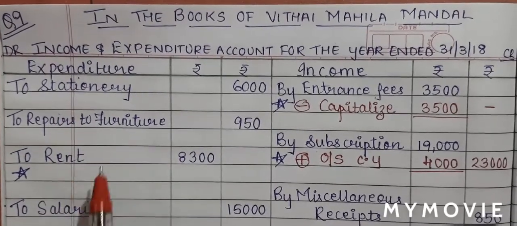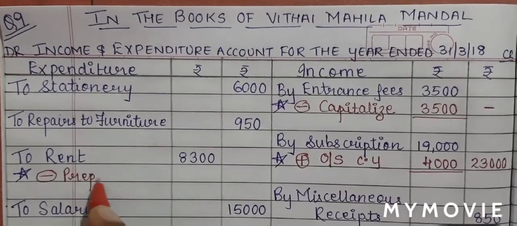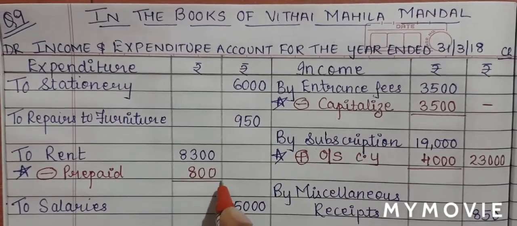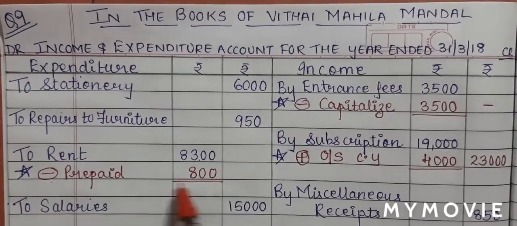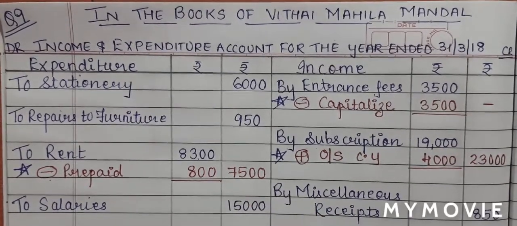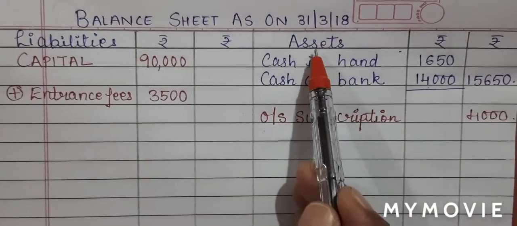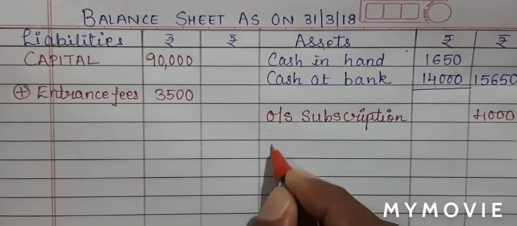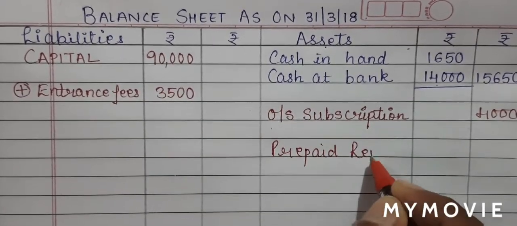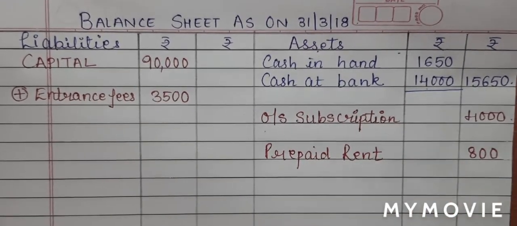I have already written rent. It's a prepaid. So I'll say less prepaid. Amount is rupees 800. 8,300 minus 800 will give me 7,500. This is my first effect for prepaid rent. Second effect will be on the asset side. I will write prepaid rent. Since it's a prepaid expense, the amount will come in the outer column 800.